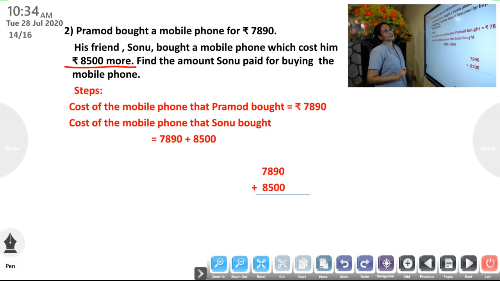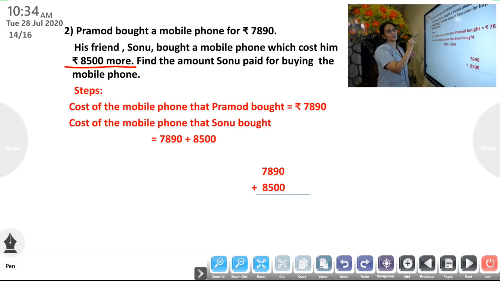Steps. What is given? Pramod bought a mobile phone for rupees 7,890. So the cost of the mobile phone that Pramod bought is 7,890.